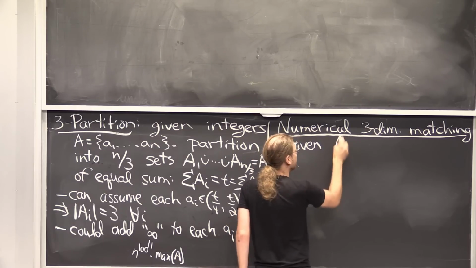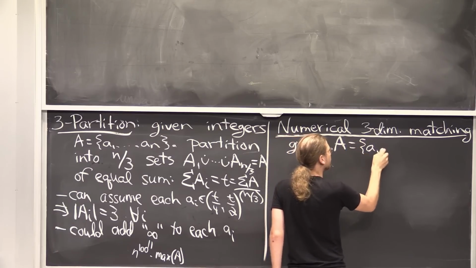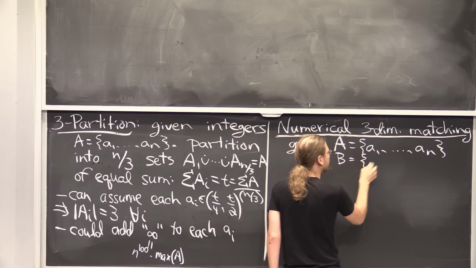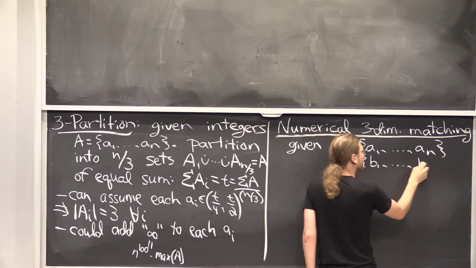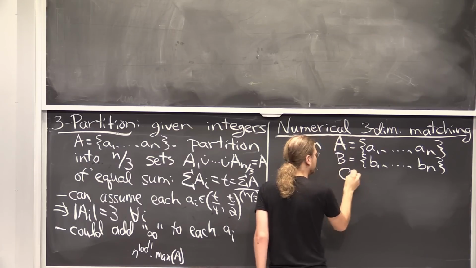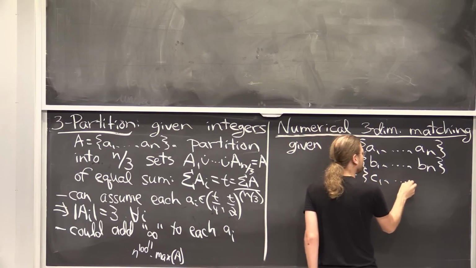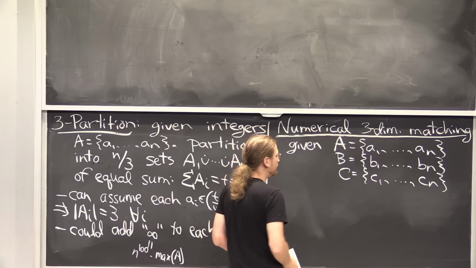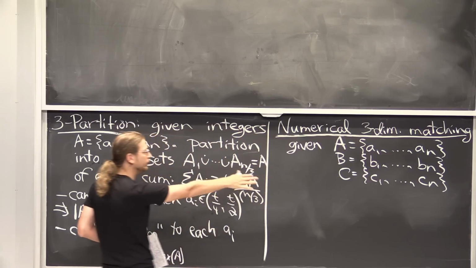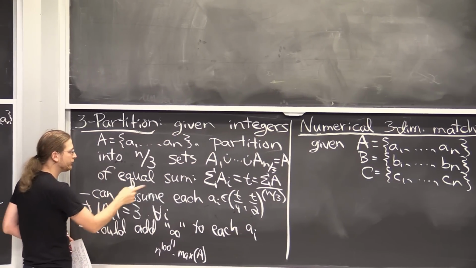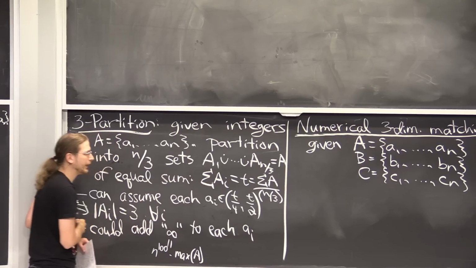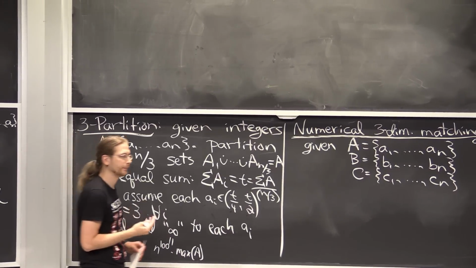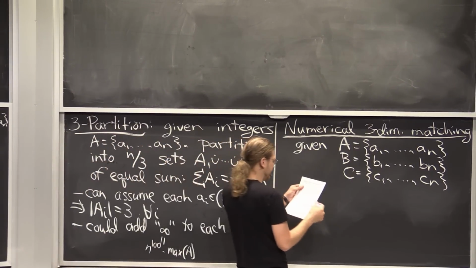In this case, we're going to be given 3 sets of integers. And what we'd like to do is, I mean, it's basically the same problem. Just think of taking the union of those sets. But each of these sets that we're choosing, the A_i, should consist of one element from A, one element from B, one element from C. So how did I formalize that?